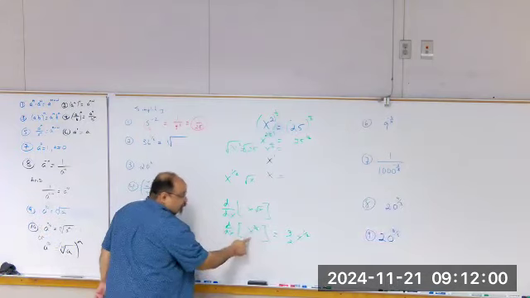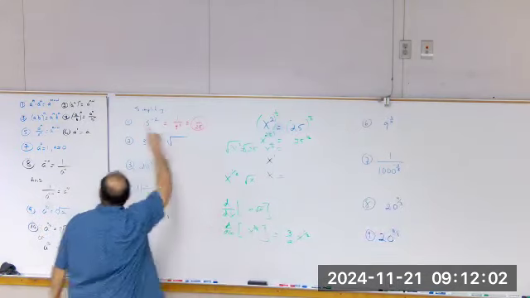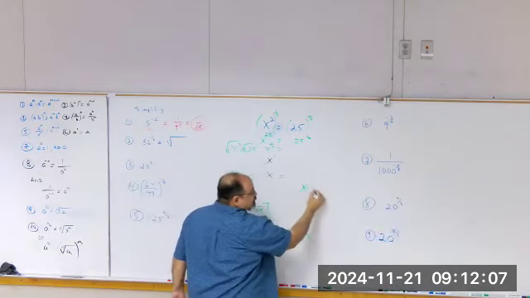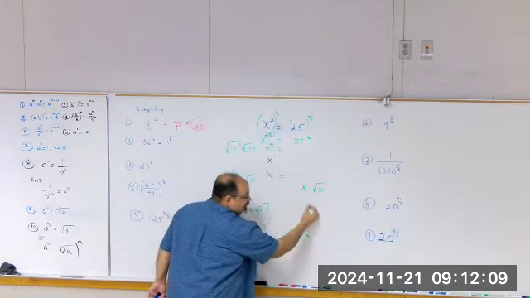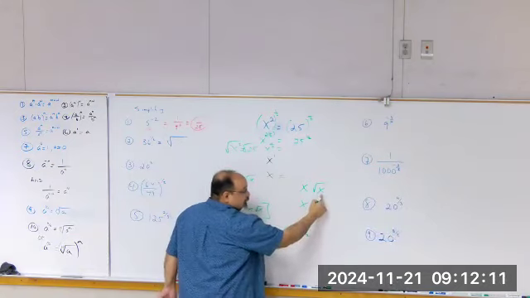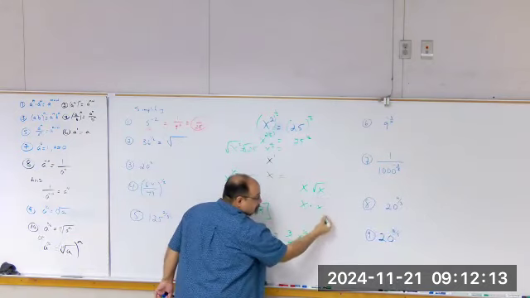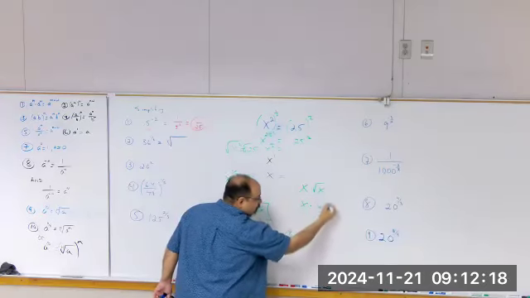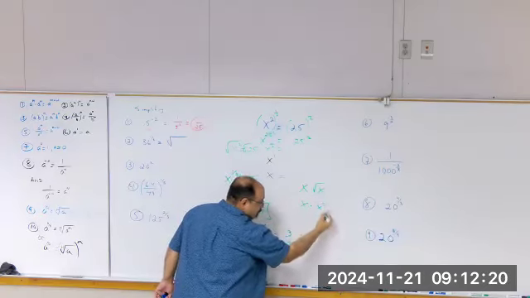But I got x to the 3/2 because of exponent rules. x square root x is x times, this is x to the what? What's the exponent right here? 1/2.